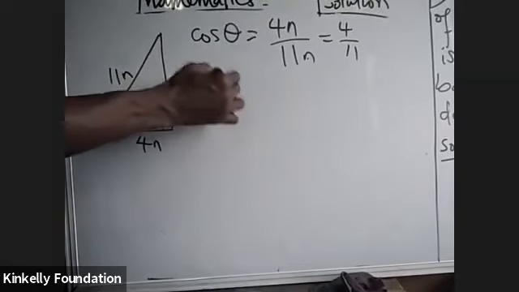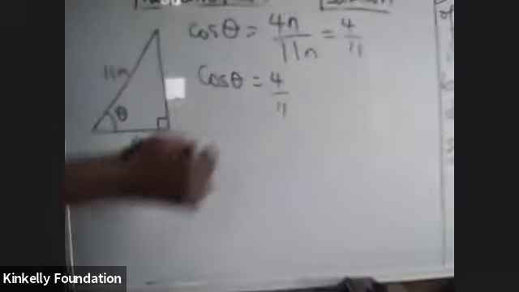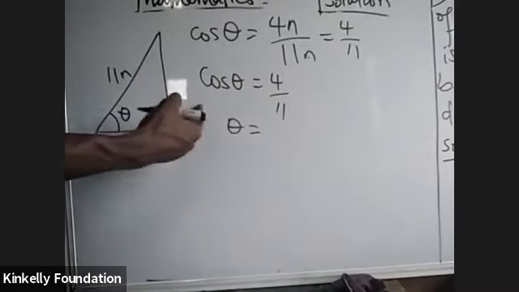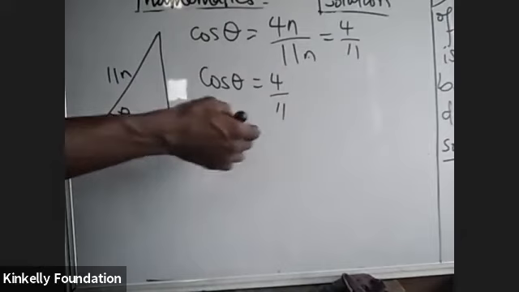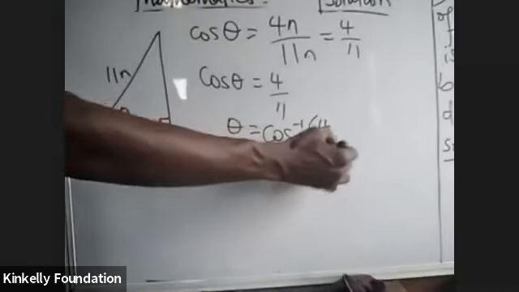So cos theta equals 4 over 11. To find the base angle theta, we have cos inverse of 4 over 11.